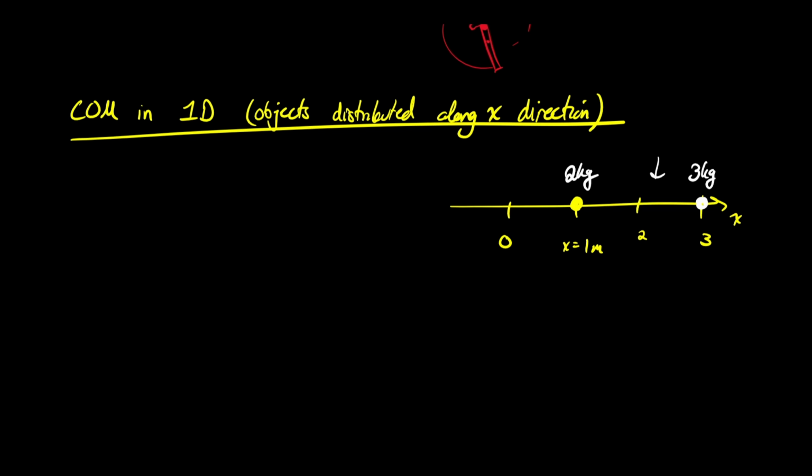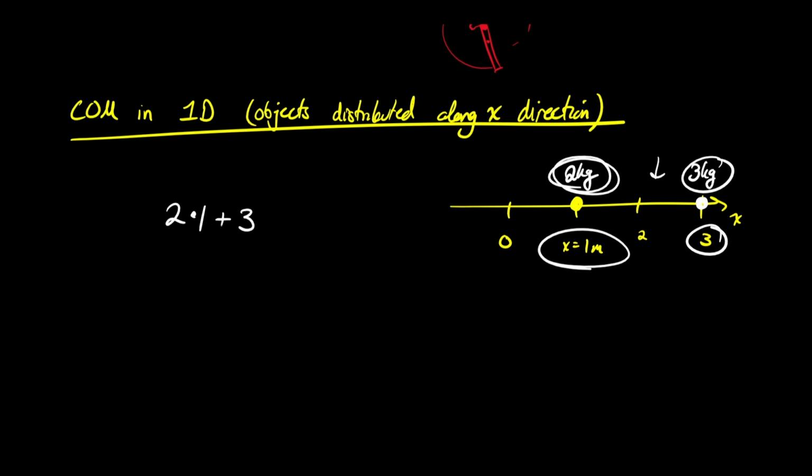The recipe is you're going to add up the mass of an object, so 2, and I'll write the general formula later, by the way, because it's pretty confusing notation. You're going to take the mass of the first object times its x location, and then you're going to add on the mass of the second object times its location in meters.